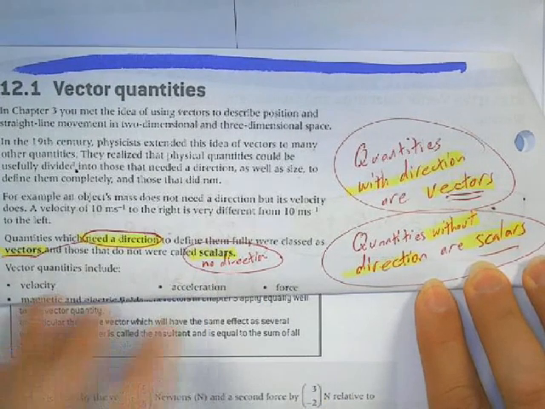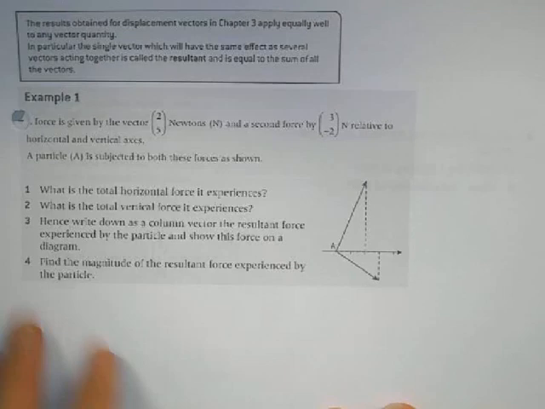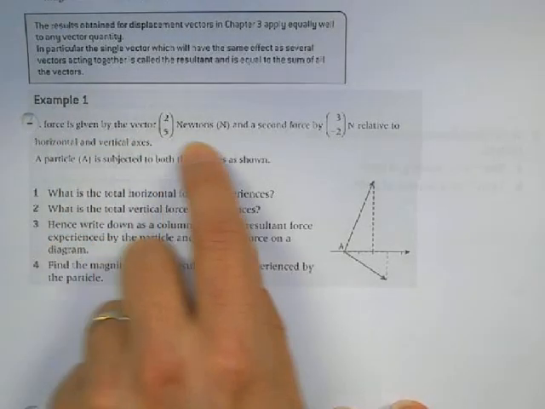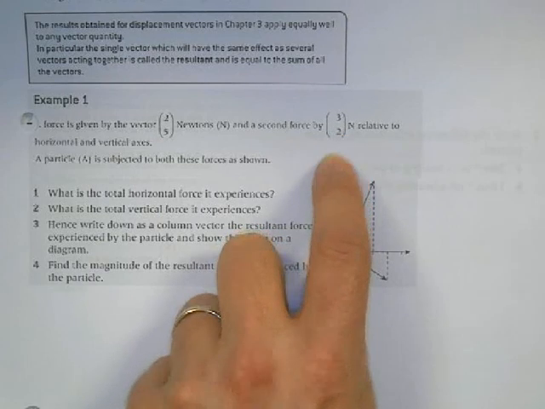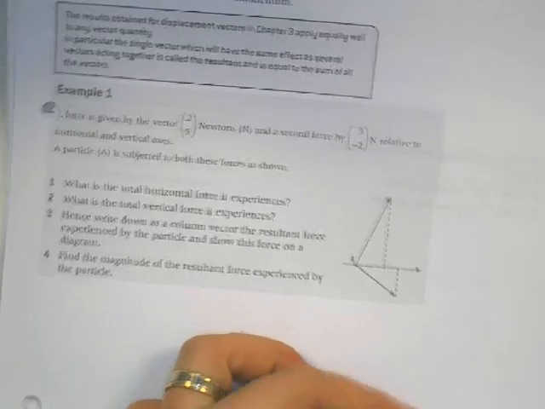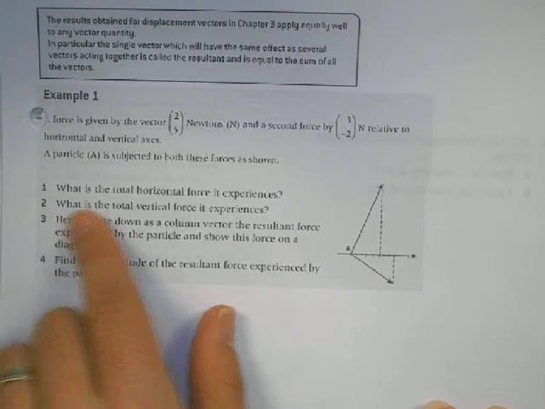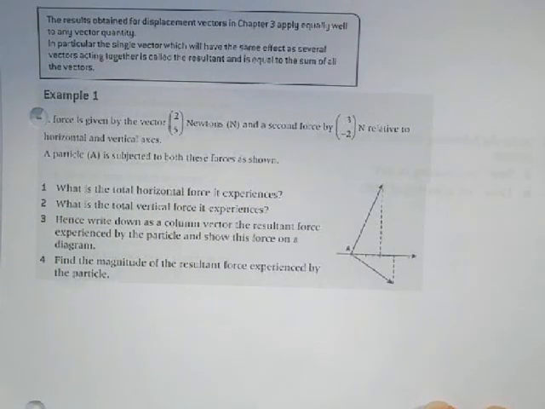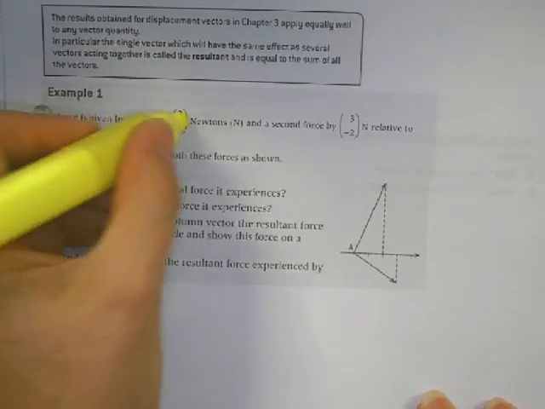Okay, all right, so let's look at the first example. A force is given by vector 2, 5, and a second force is given with this vector. Here's a picture. What is the total horizontal force experienced here? The horizontal force is the x part of the vector.